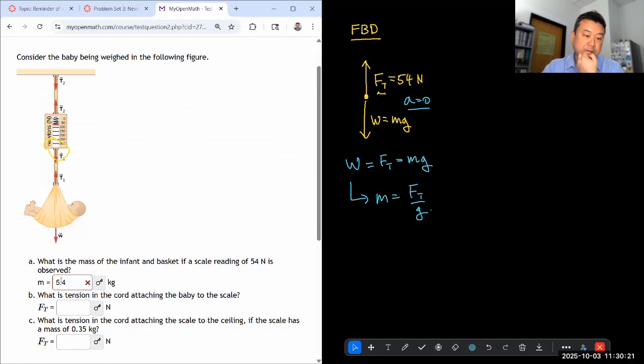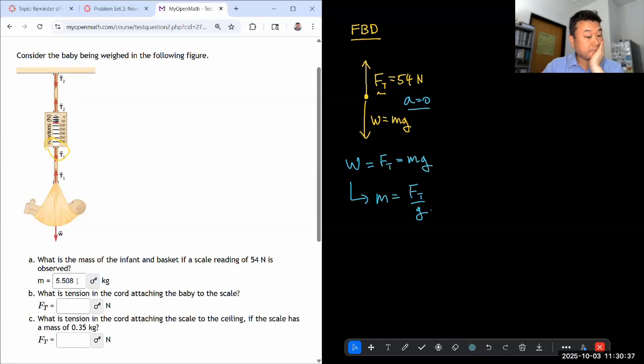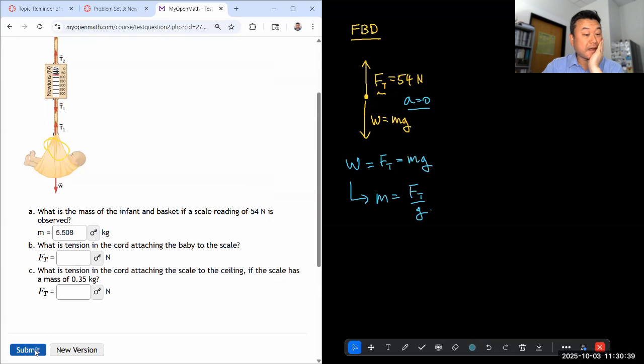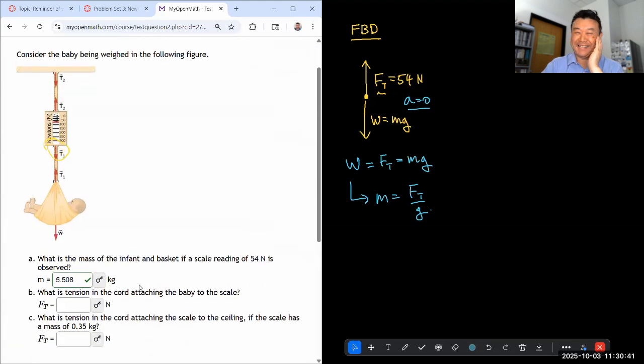So I can make it back 2% bigger. So it'll be 5 point something, like 5.508 maybe. Let's give that a try. Now it might be within the precision. Yeah. But you get it by the tension force divided by g.